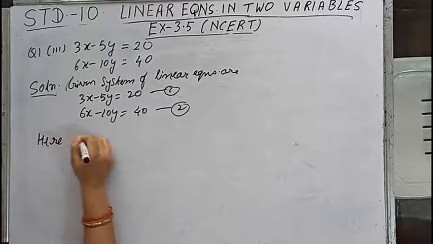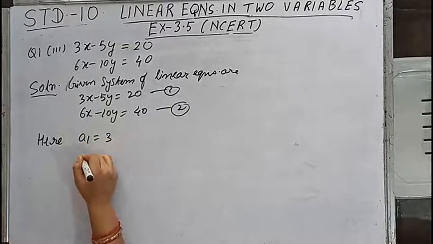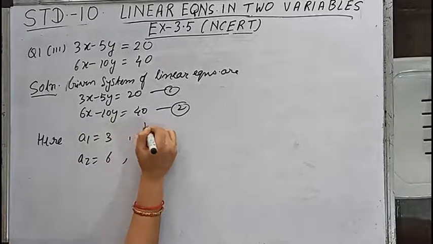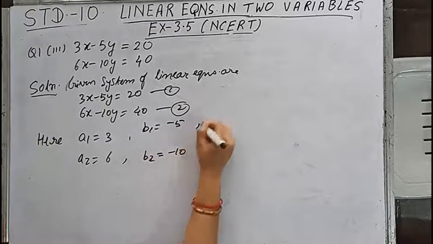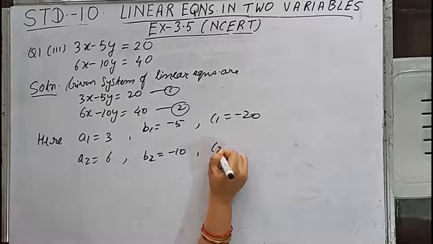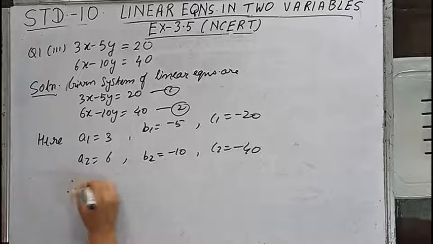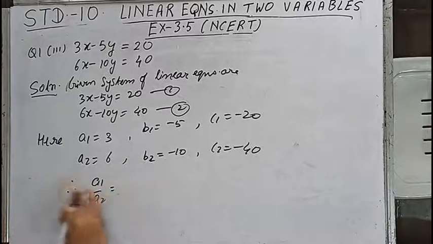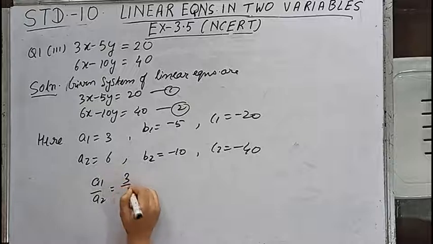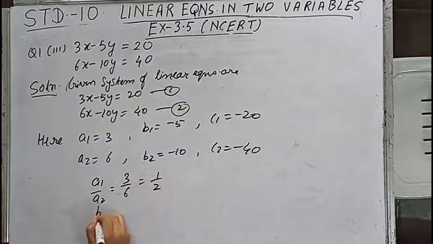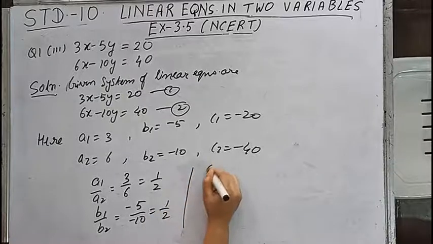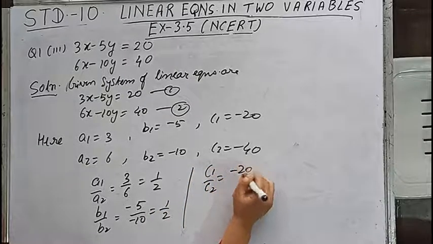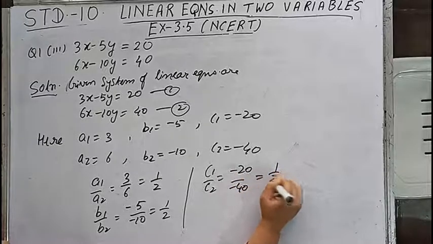Here a1 equals to 3, a2 equals to 6, b1 equals to minus 5, b2 equals to minus 10, c1 equals to minus 20, c2 equals to minus 40. Therefore, a1 by a2 equals to 3 by 6 equals to 1 by 2, b1 by b2 equals to minus 5 by minus 10 equals to 1 by 2, and c1 by c2 equals to minus 20 by minus 40 equals to 1 by 2.